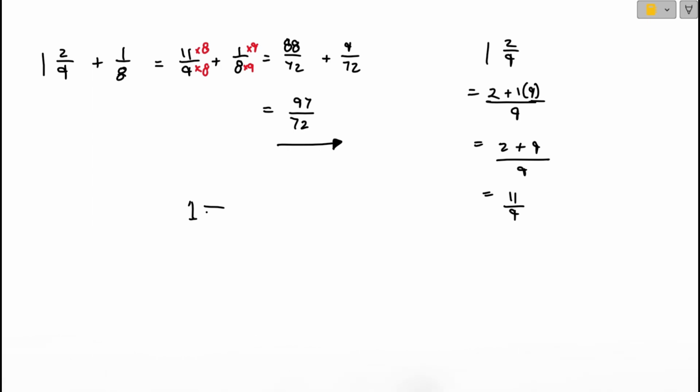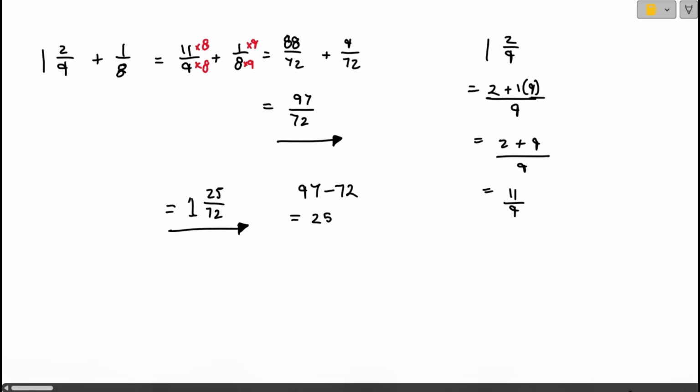But now, what is the numerator going to be? It's quite simple. All you can do is say 97 minus the denominator, which is 72. Okay, 25. Another way of writing the solution. Either way, still 100%.